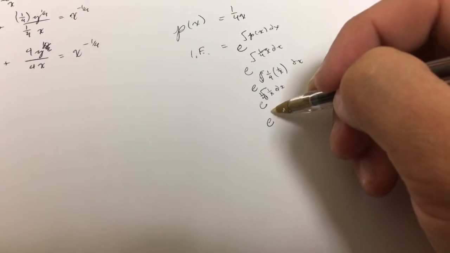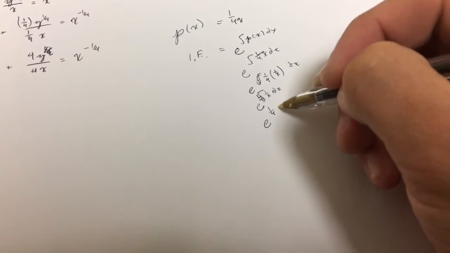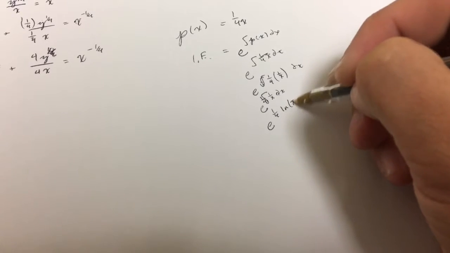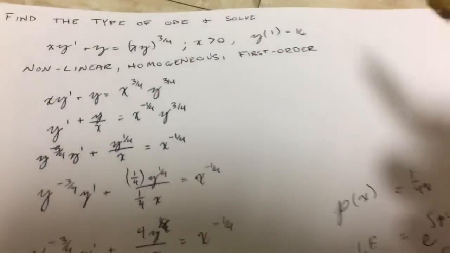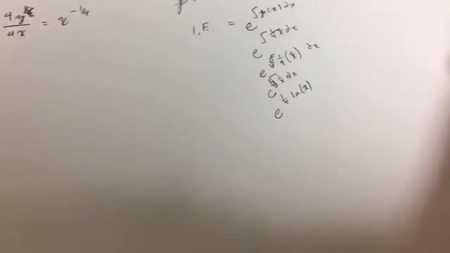You end up with e to the 1/4 natural log of x, and we know it can be this because x is greater than 0, as was given to us in our initial condition.